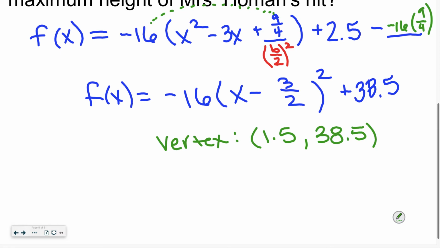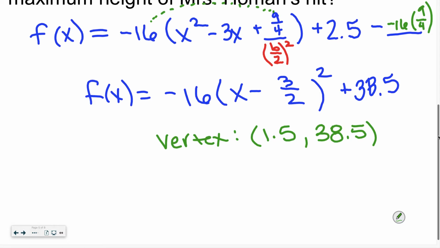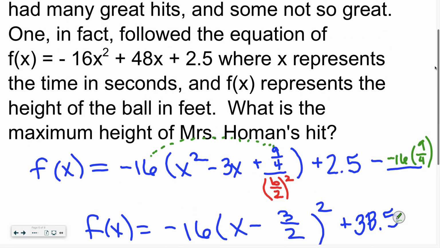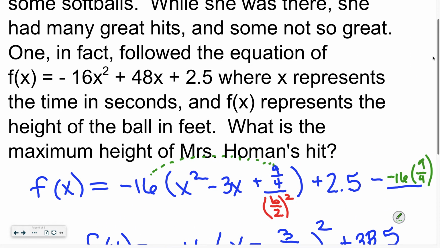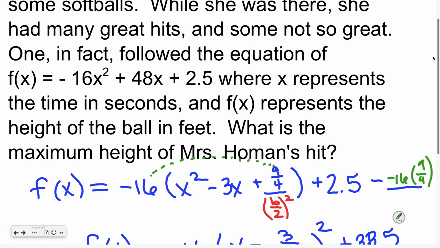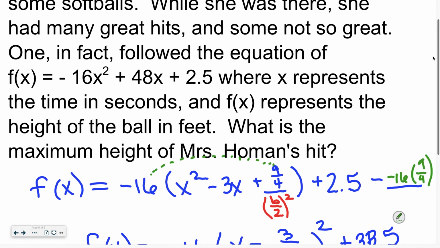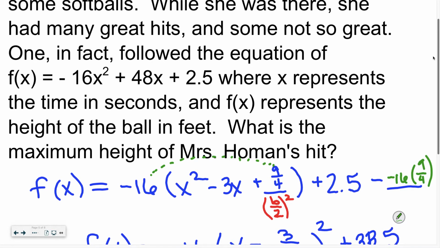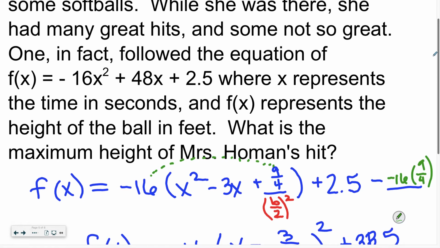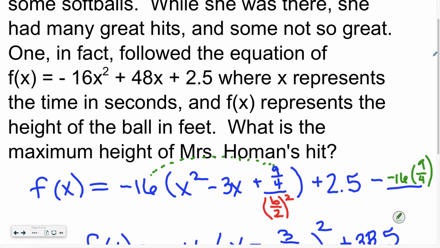Now we have to interpret what this means. x and f of x. I want you to go to the sentence where it says what they represent. Taylin, what does x represent? Time in seconds. X represents time in seconds. Joe, what does f of x represent?